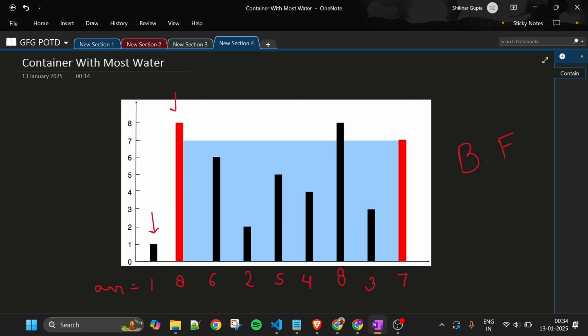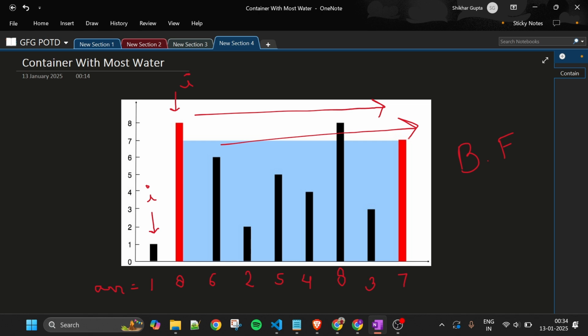I will be fixed here, and I will move j till the last, and I will calculate the amount of water I can store every time. With each pair I will calculate the amount of water I can store, and I will maximize this. After that I will move to the next i, and then j will start from there to the last, and again I will get the maximum amount of water I can store.